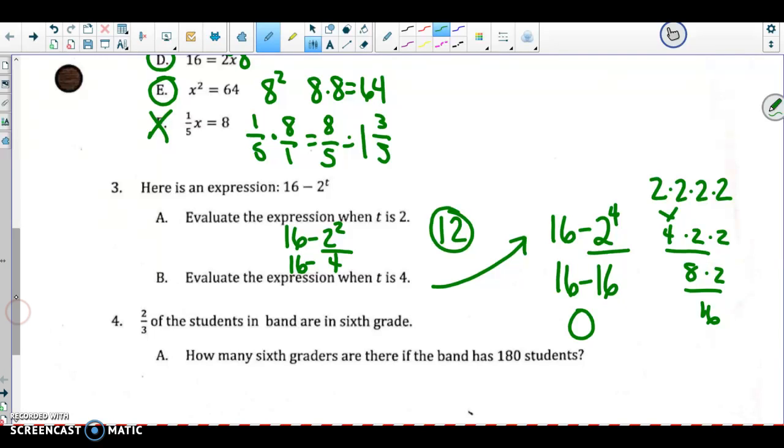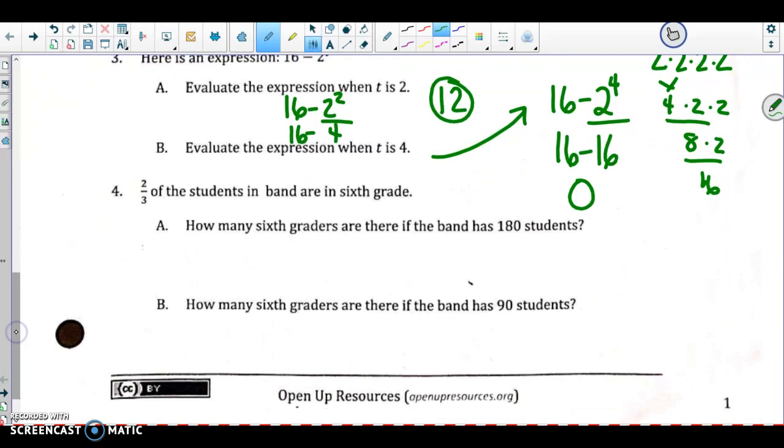All right, number 4. Number 4 says 2/3 of the students in band are in 6th grade. How many 6th graders are there if the band has 180 students? Well, 2/3 of 180 would give us that amount.